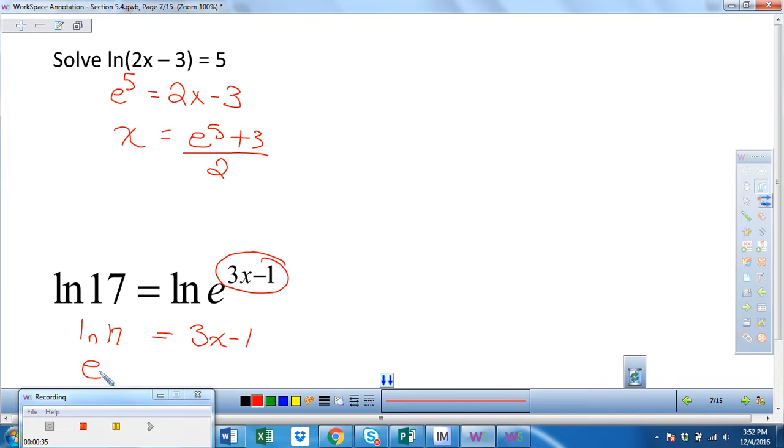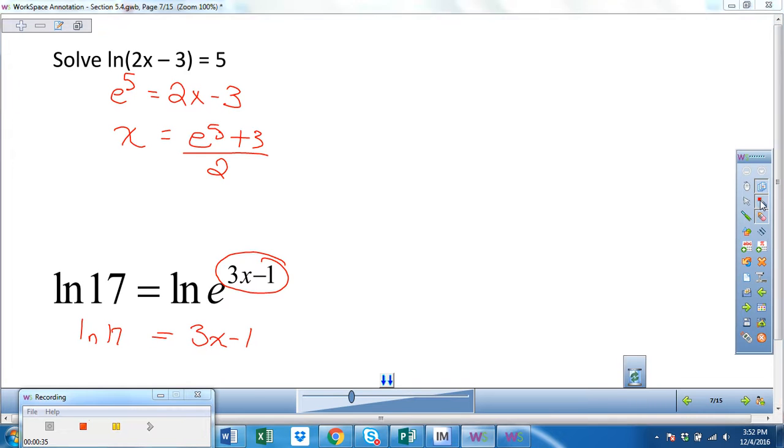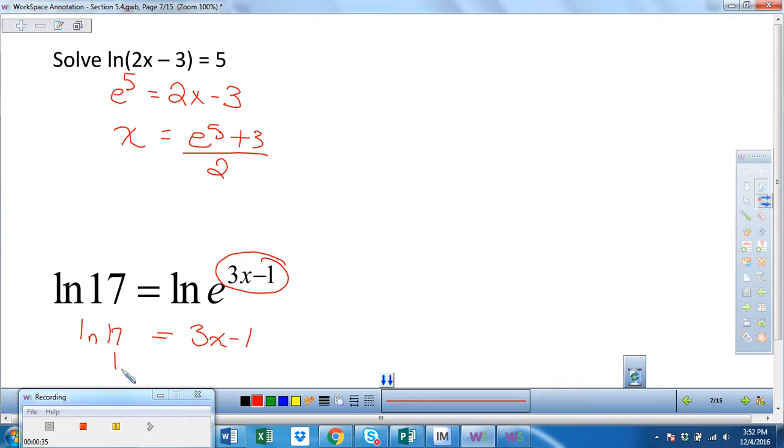Exponentiating both sides, I get e to the 3x minus 1. No, I don't need to do that. If I'm solving for x, I would simply just solve for x. I wouldn't go backwards. So I would just write this as the natural log of 17 plus 1 over 3 is equal to x.